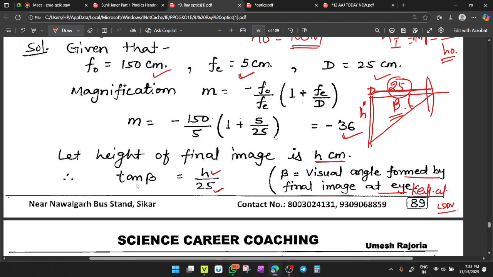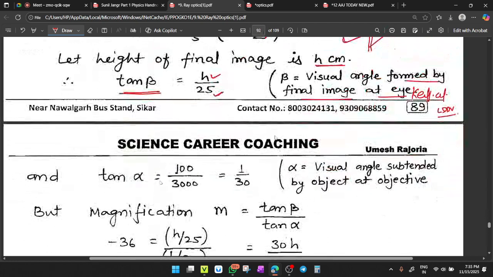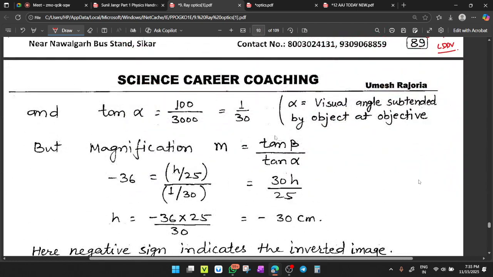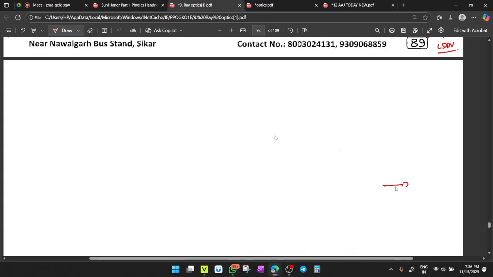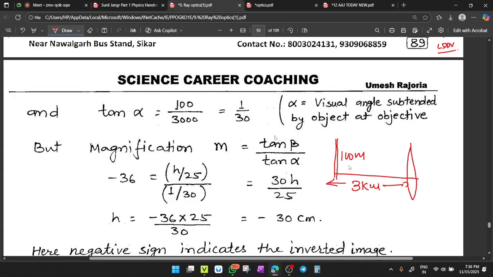Now, this becomes tan beta. Now, tan alpha equals perpendicular upon base. See here, perpendicular upon base for alpha. You have a tower of height 100 meter, and it is distant 3 kilometer, right? So tan alpha is equal to perpendicular upon base, which equals 100 upon 3000.